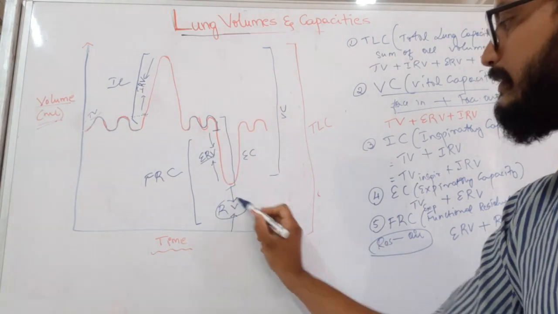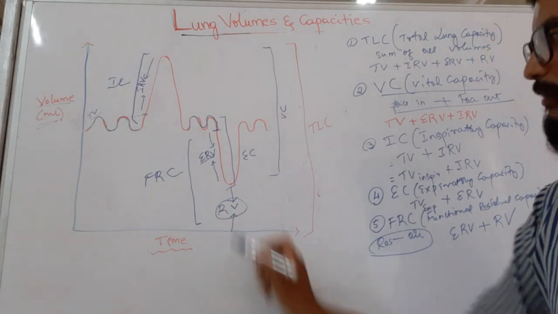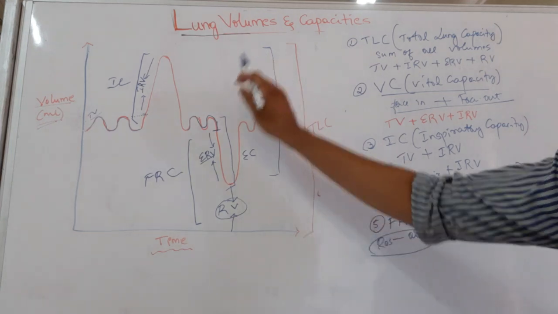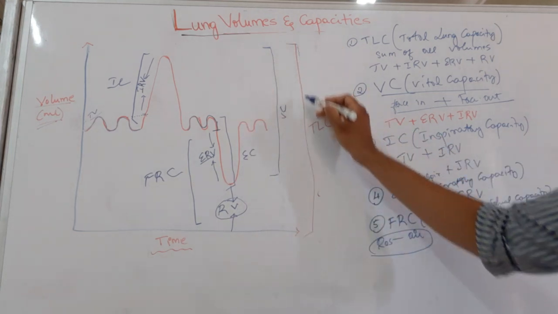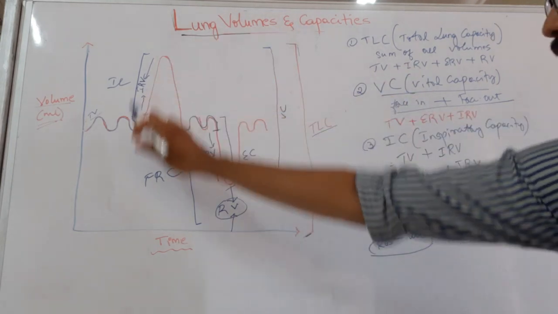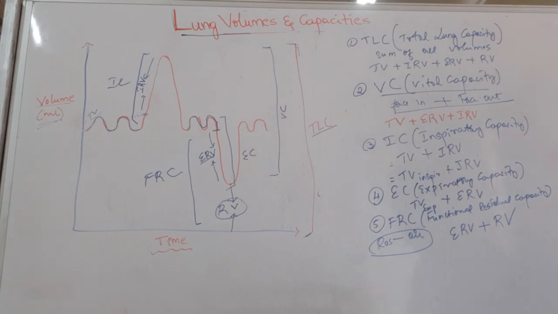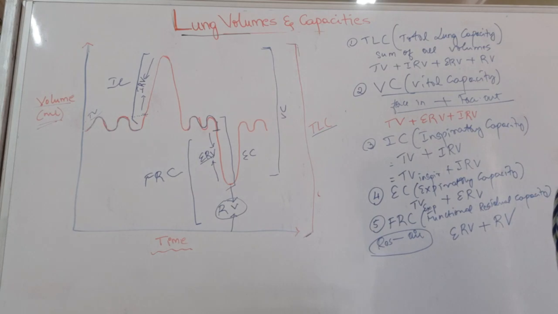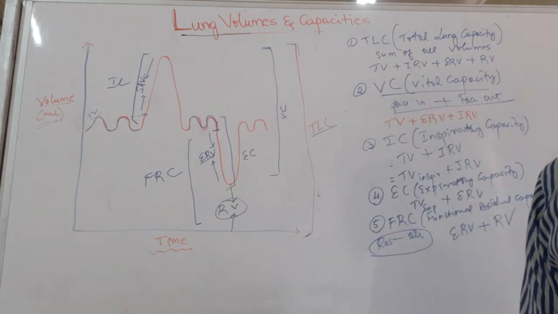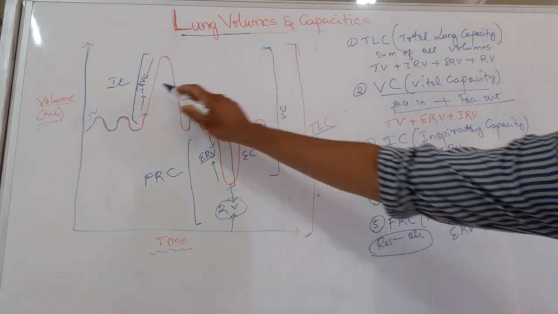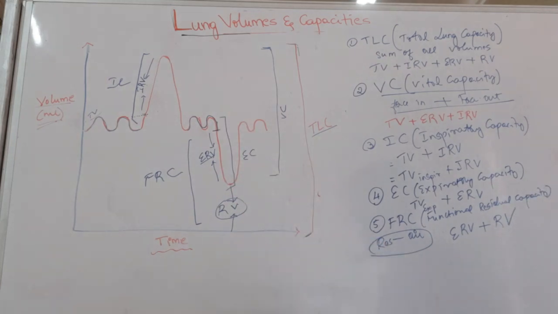The amount of air still present inside the lungs even after forceful expiration is residual volume. The total amount of air present in the lungs, the sum of all volumes, is the total lung capacity. Vital capacity refers to the maximum amount of air that can be taken in and thrown out of the lungs, which is equal to tidal volume, inspiratory reserve volume and expiratory reserve volume.